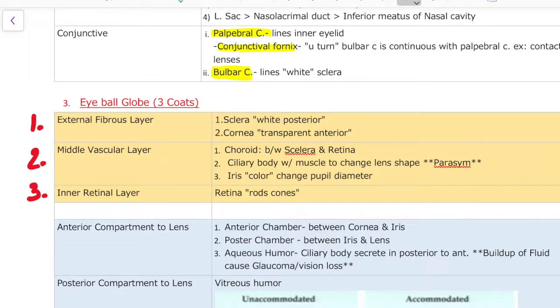Then we have the middle vascular coat, made up of the choroid, which is located between the sclera and the retina. The ciliary body is what will change the shape of the lens, and it is also innervated by the parasympathetics. And the iris gives the eye color as well as the diameter of the pupil. The last inner layer is the retina, or the rods and cones.